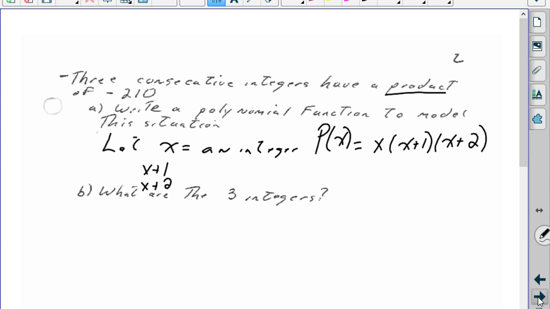Well, I'm going to take my negative 210. Now I'm going to solve this. Okay, consecutive, so in a row. Negative 3, negative 4, negative 5.